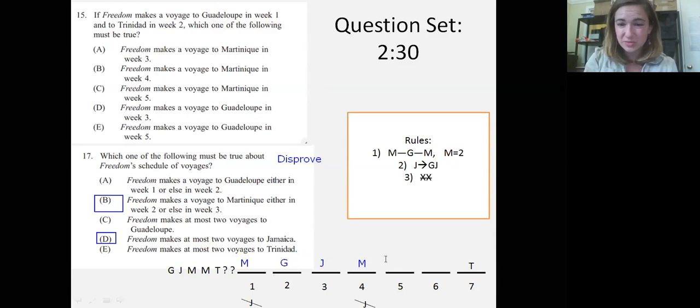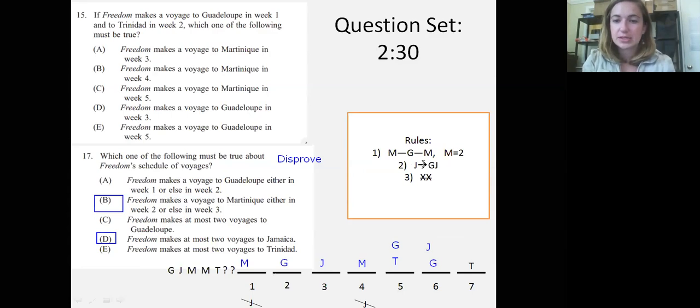Can't use M anymore. I could do maybe T again and G right here. Or I could swap that out for another G, J combo. As far as I can tell, I'm not breaking any rules. Let me know if you think I am.